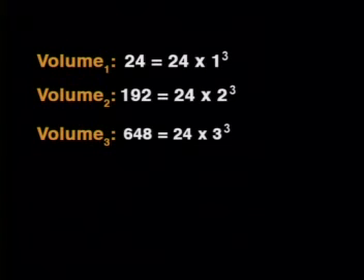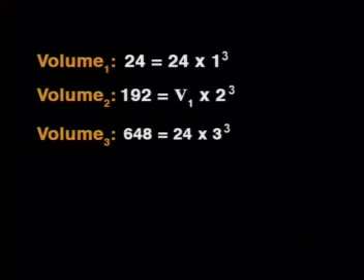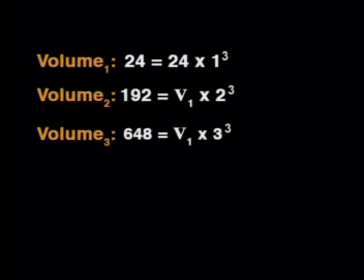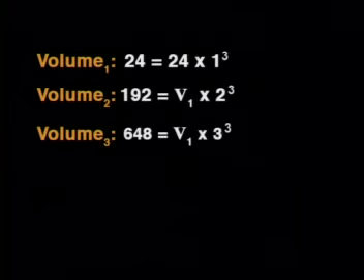Do you see the pattern that is coming through here? Let me write this pattern differently for you. When we doubled the dimensions, we multiplied the original volume, volume 1, by 2 cubed. When we multiplied the dimensions by 3, we multiplied volume 1 by 3 cubed.